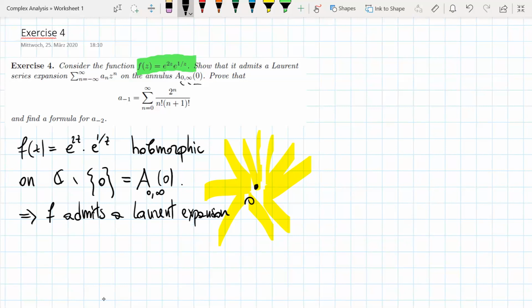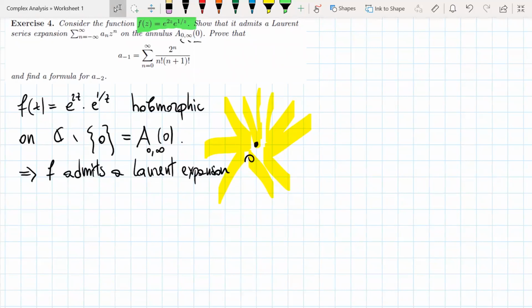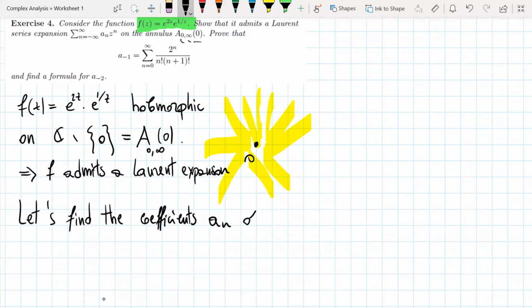So how are we going to find the Laurent expansion for f? The idea is that we are going to use the power series expansion for the exponential. So let's find the coefficients a n of the Laurent expansion.